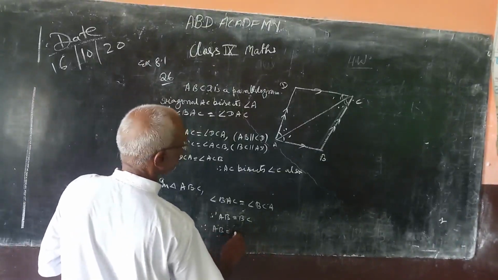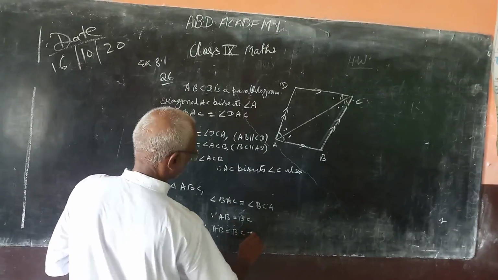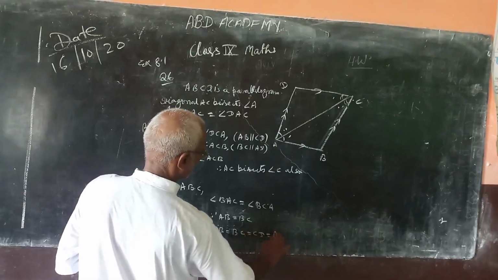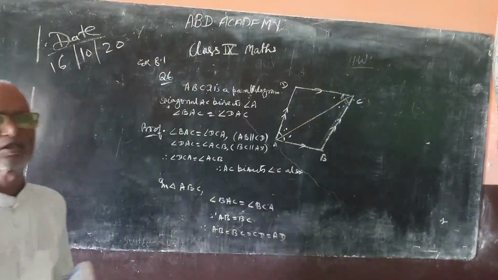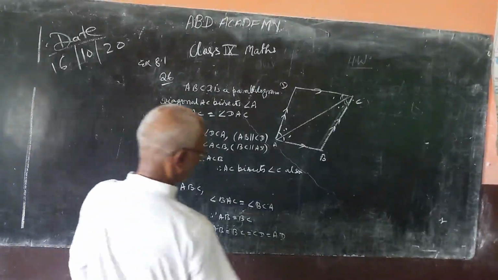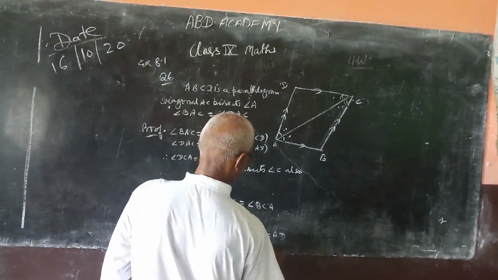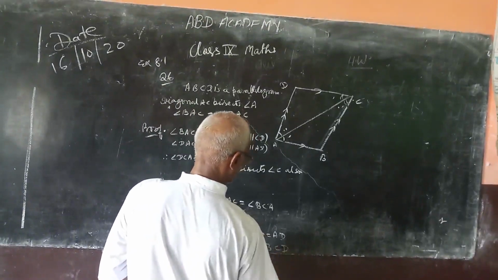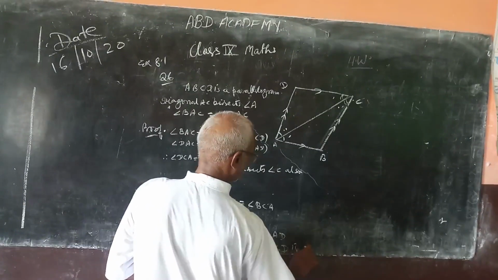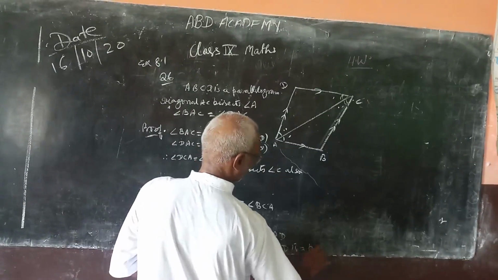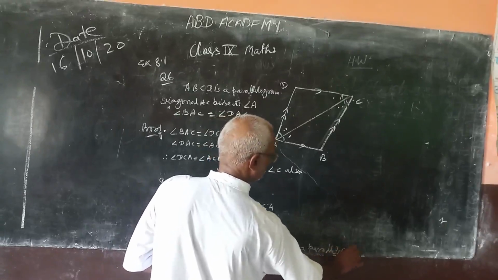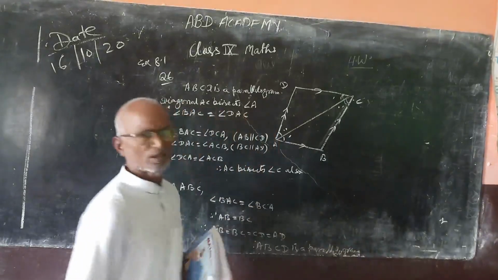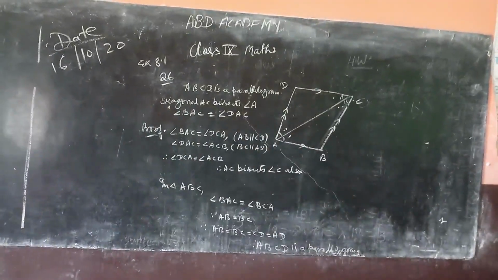Therefore AB is equal to BC is equal to CD is equal to AD, and hence ABCD will be a rhombus. This is the case for number 6.